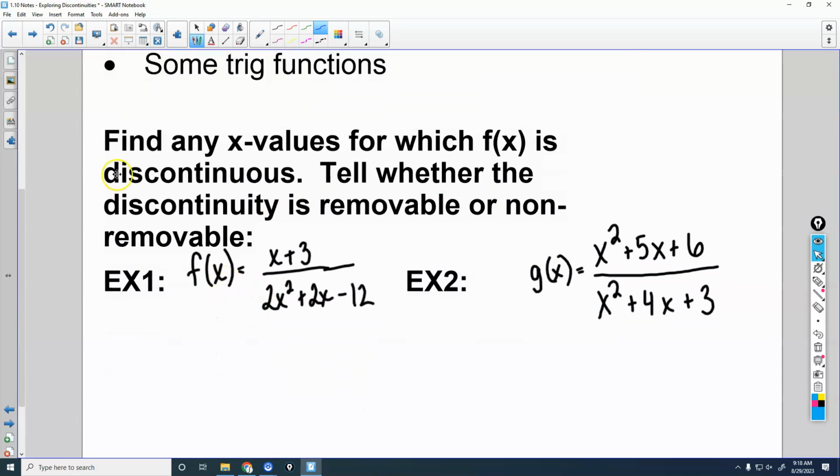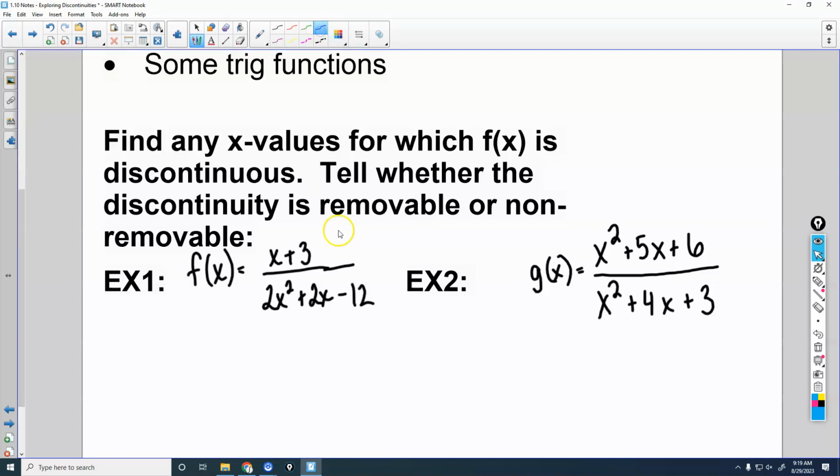So we're going to find any x values for which f of x is discontinuous, and we're going to tell whether the discontinuity is removable or non-removable. These two types of problems are the ones we saw most often in pre-calculus when we're looking at rational functions. So with a fraction, what's going to give us a discontinuity is having a 0 in that denominator.